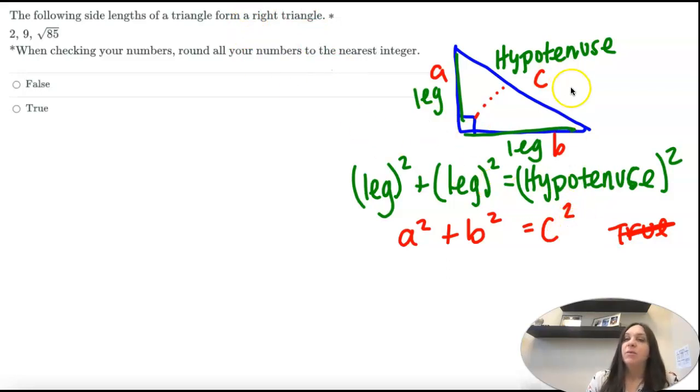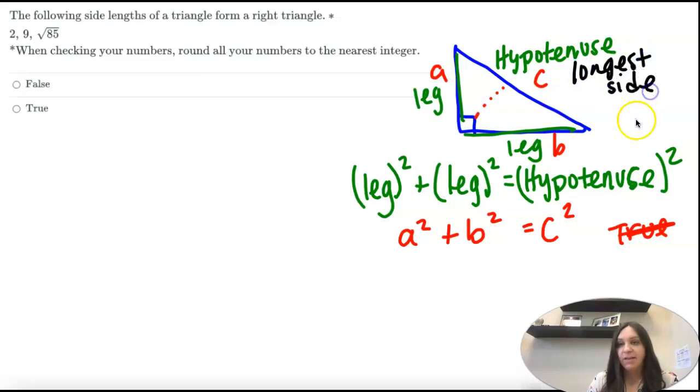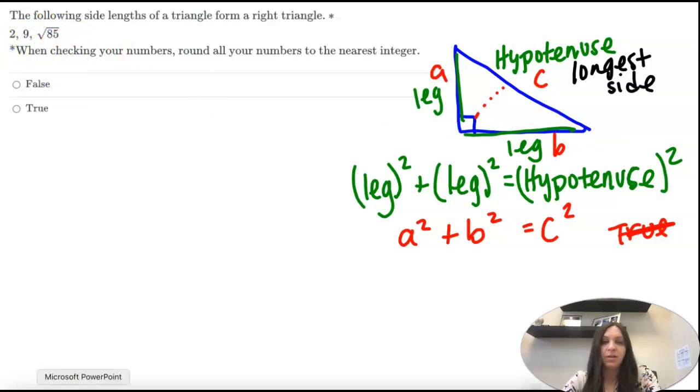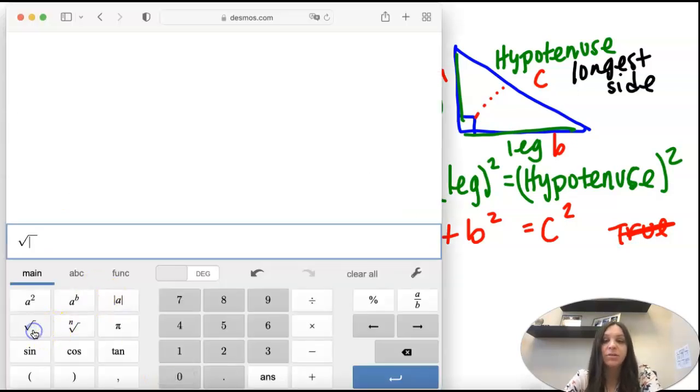So the other thing we need to know is the hypotenuse, or C, is always the longest side. Every time. So we have 2, 9, and the square root of 85. Which one's the longest? If you don't know your square roots, use a calculator.